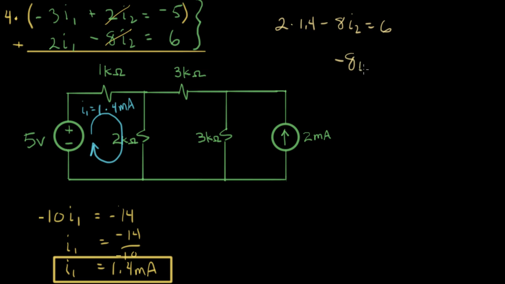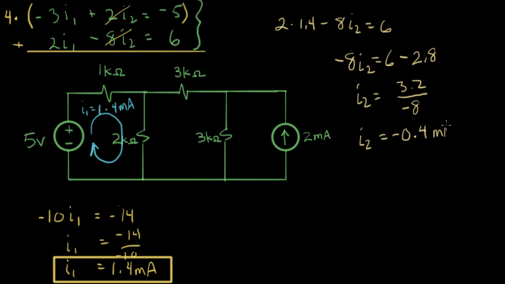Minus 8 I2 equals 6 minus 2 times 1.4, which is 2.8. I2 equals 3.2 divided by minus 8, or I2 equals minus 0.4 milliamps. And we can draw a box around that too.